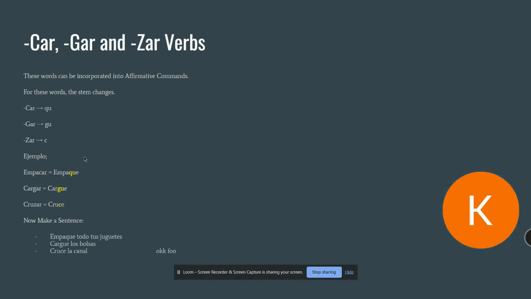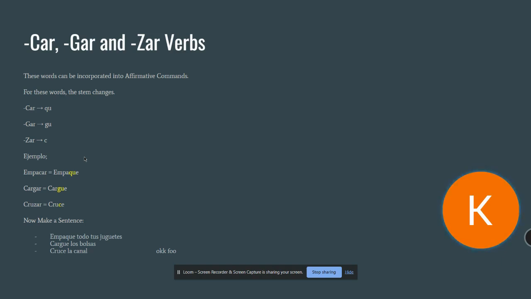The QU changes the C. Cargar would be turned into cargue, where the GU changes, takes away the G, and cruzar would be turned into cruce.